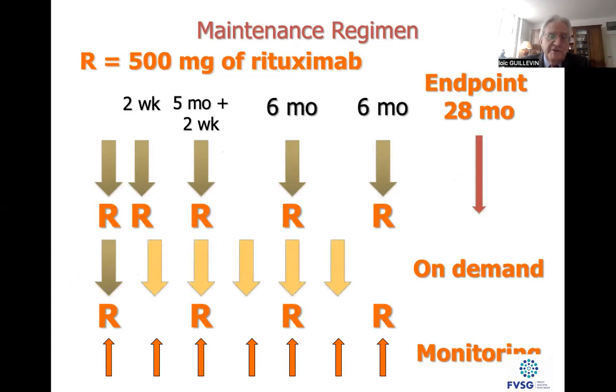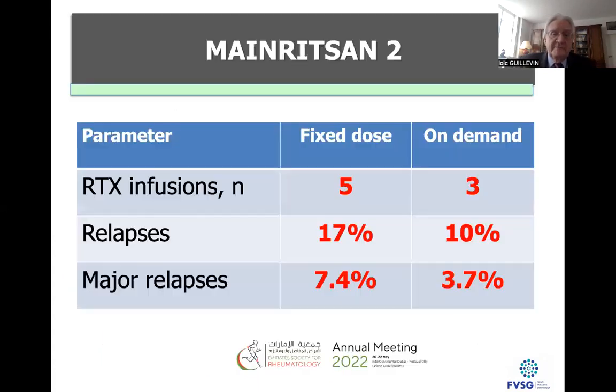We monitored the patients every 3 months, and when there was an increase, the titer of ANCA or positivity of CD19, we decided to induce a treatment, a new infusion of rituximab.